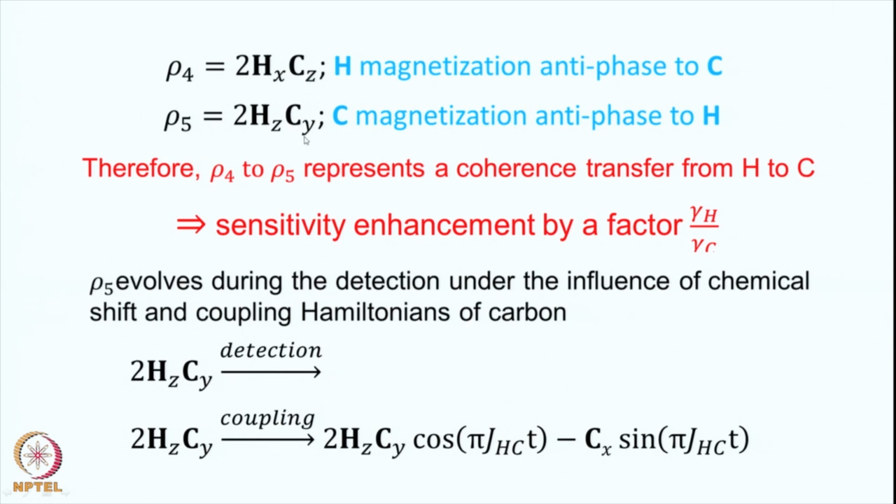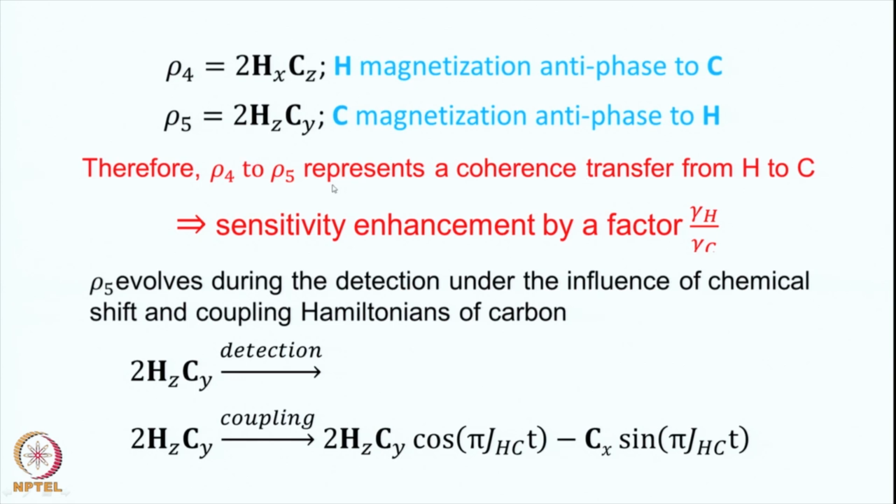Now, this is carbon magnetization antiphase to proton, and that is the interesting thing. Therefore, rho 4 to rho 5 represents a coherence transfer from proton to carbon, where all the polarization present on the proton has now become carbon magnetization.